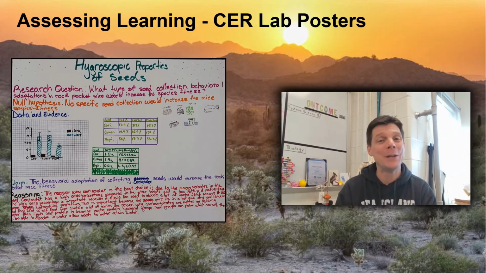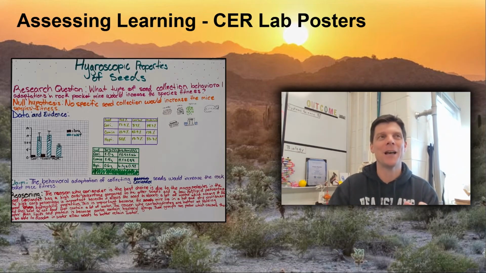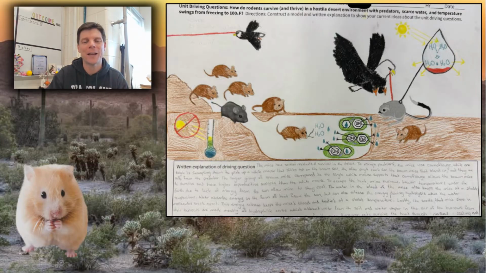So in many units, we'll include spiderweb discussions, which is a type of Socratic seminar activity. And then we even have final models that students are creating. Okay, so let's go ahead and take a look at a final model here.